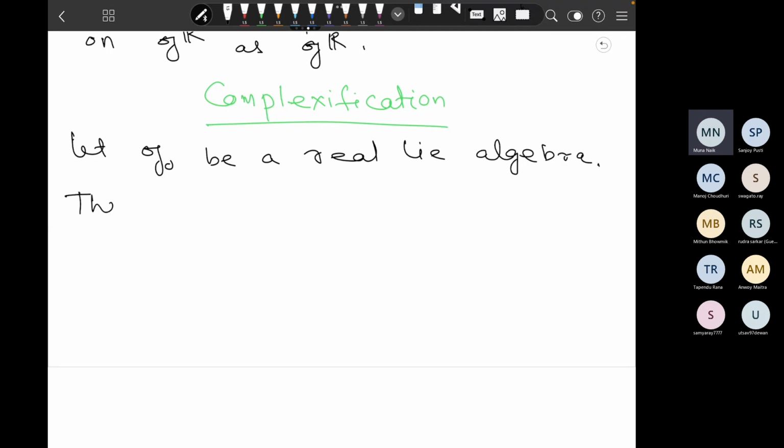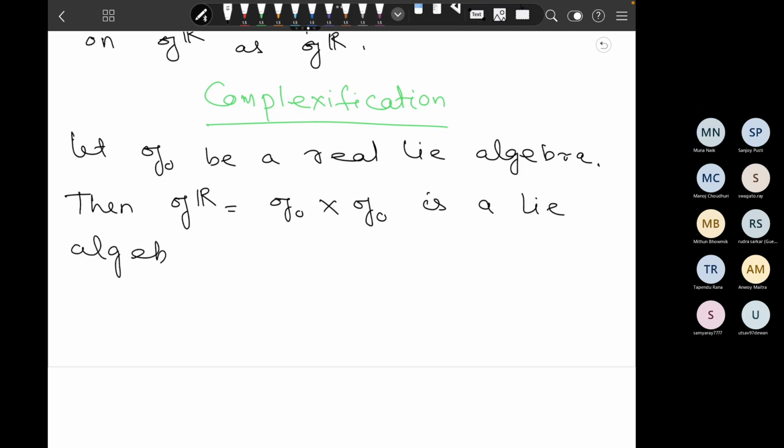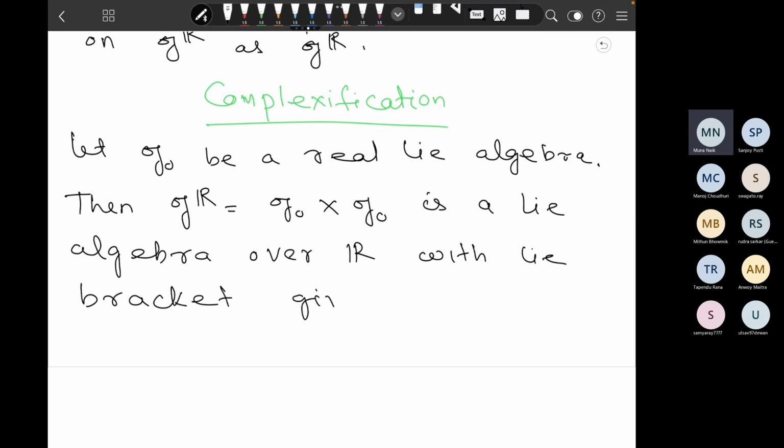Then G_R equal to G naught cross G naught is a Lie algebra over R with Lie bracket given by this.